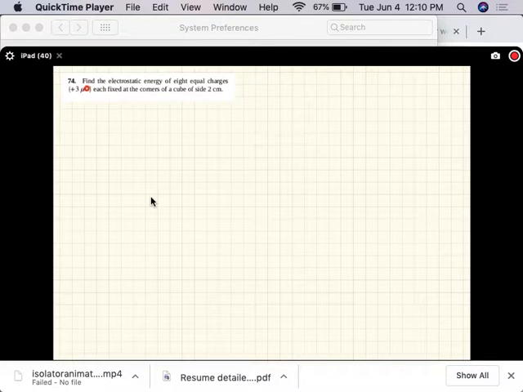So in this problem, they say find the electrostatic energy of 8 equal charges, 3 microcoulombs each, fixed at the corners of a cube of side 2 centimeters. Okay, so let's draw a cube. The sides are 2 centimeters.